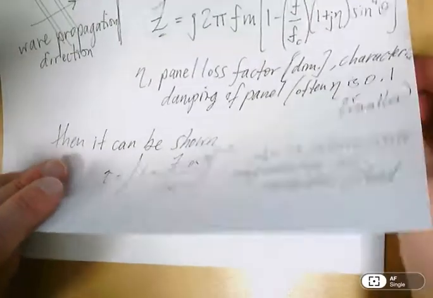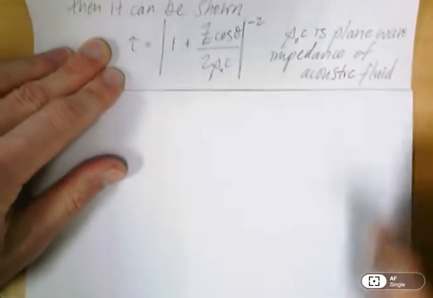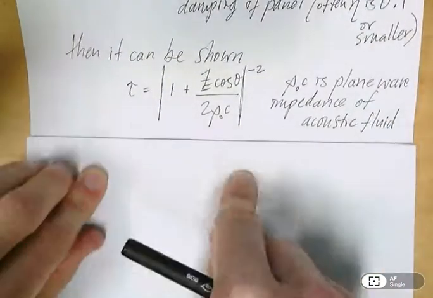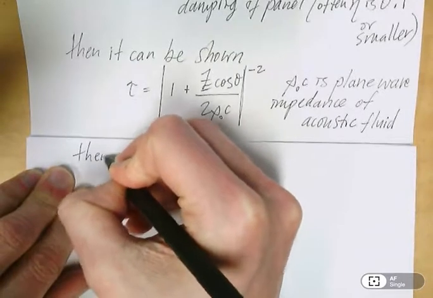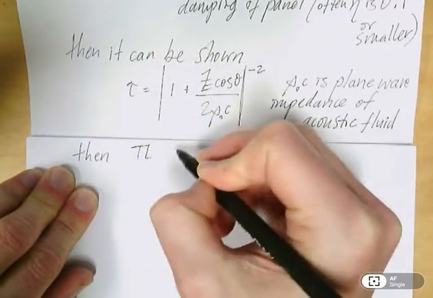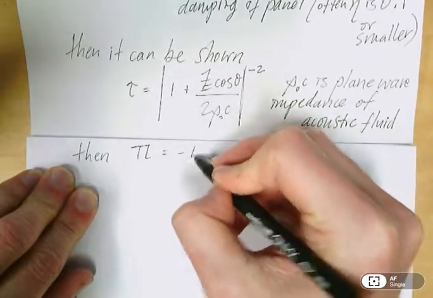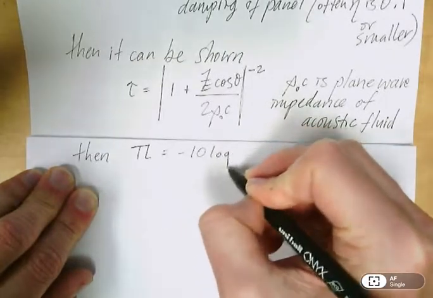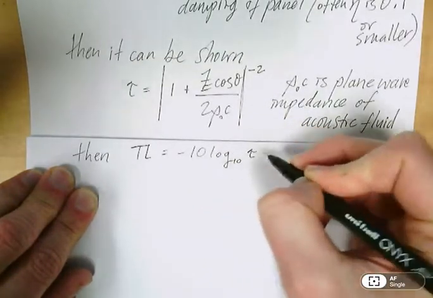And once we have computed this transmission coefficient, we're able then to relate this to the transmission loss through the standard expression. The transmission loss is -10 times log 10 of the transmission coefficient.